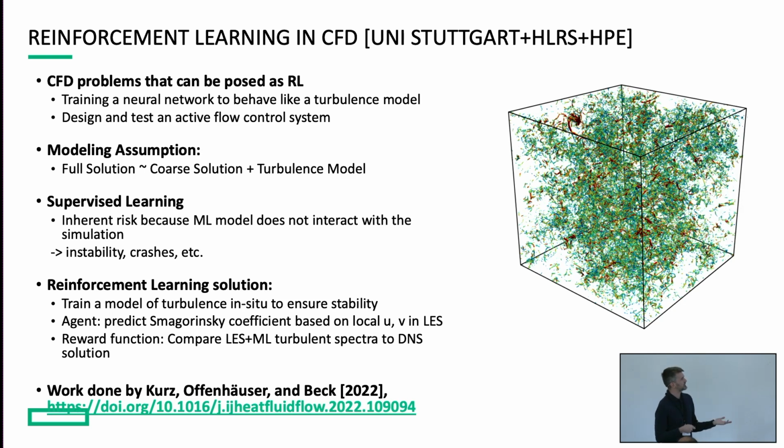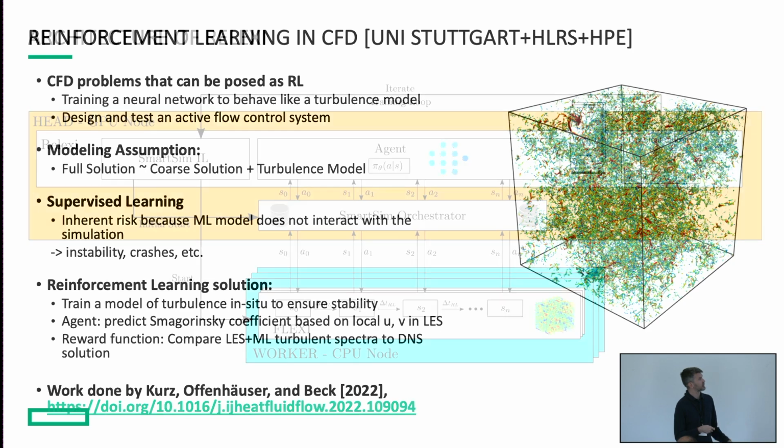So the idea of this team was to use reinforcement learning so that while the simulation is running, they were training the model, the reinforcement learning agent, and they could tune the agent to different regimes in the simulation.